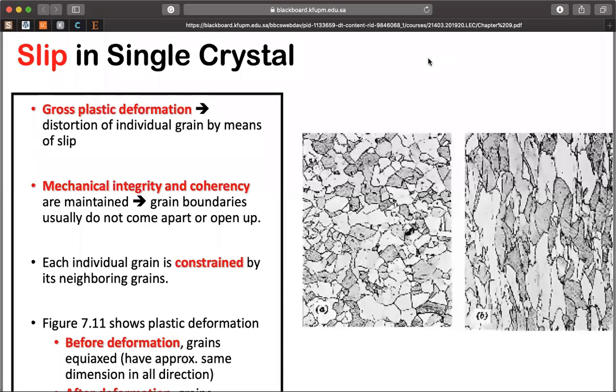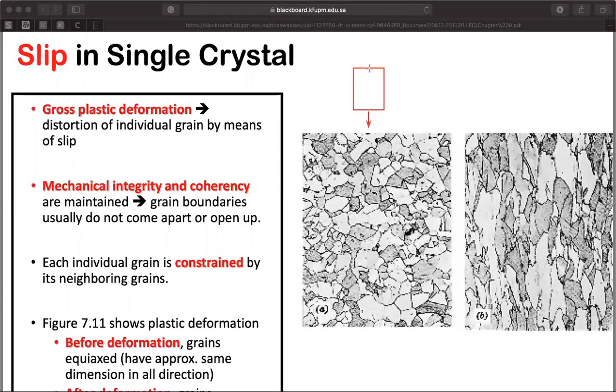So if you remember, we said that it's difficult to plastically deform polycrystalline material compared to single crystalline material. Now, in single crystalline material, if the applied stress is high enough, then that applied stress will result in a certain shear stress, and that shear stress will be able to activate a certain plane inside the material.